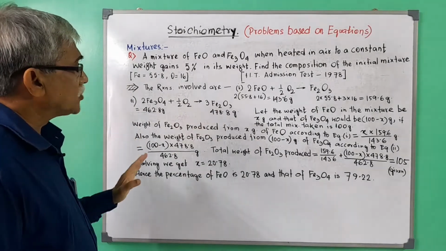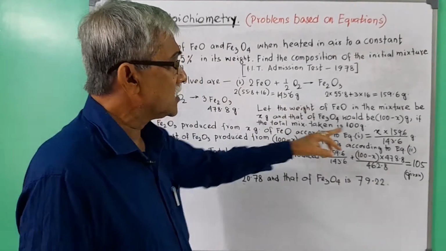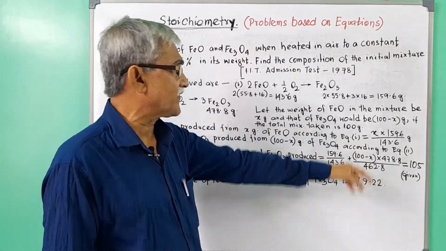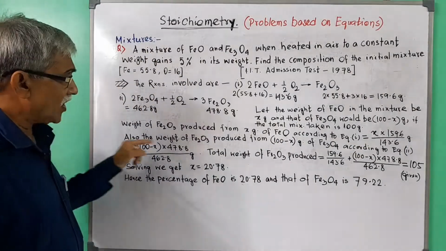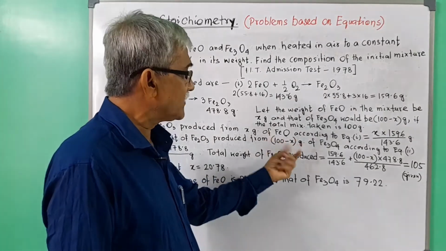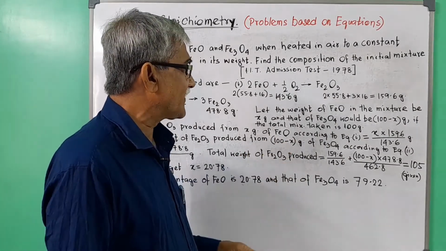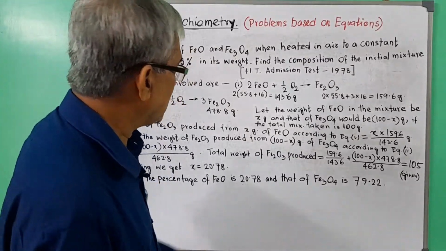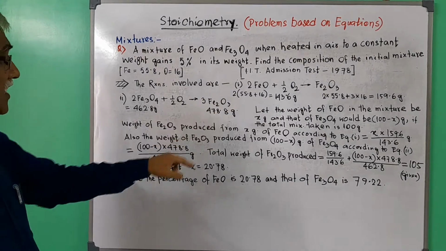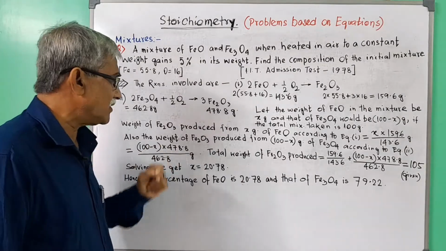Now weight of Fe2O3 produced from x grams of FeO according to equation number 1 is equal to x into 159.6 upon 143.6 grams. And also the weight of Fe2O3 produced from 100 minus x grams of Fe3O4 according to equation number 2 equals 100 minus x into 478.8 upon 462.8 grams.